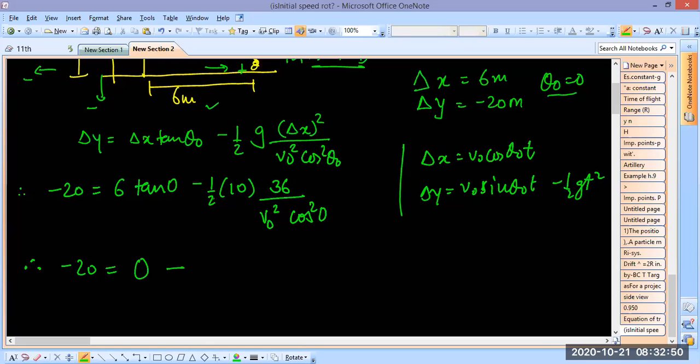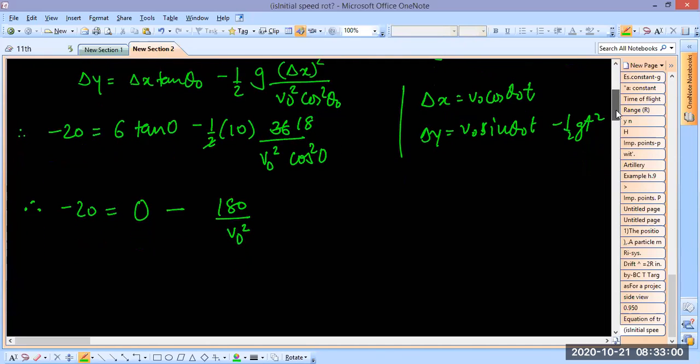Here you can do some calculations. This is 18. So this is 180 by v0 square. All right. This is 180 by v0 square. And now, if you just simplify this, you get v0 square is equal to 180 by 20. Correct? So this is equal to 9. And tada, you got v0 equal to 3 meter per second.